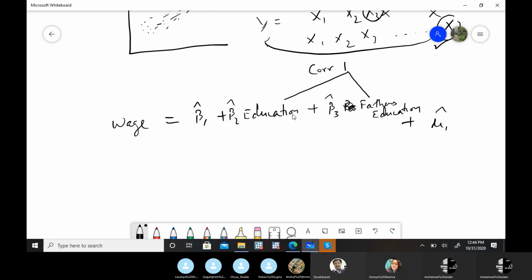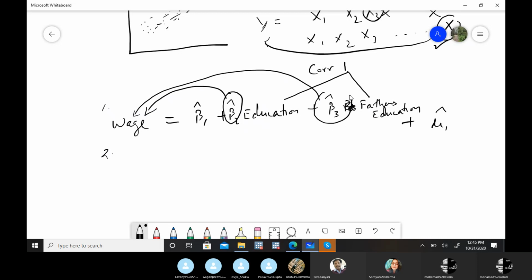And the problem is that the whole idea of including the other independent variable in the model is that we want to find, with a change in education of 1 year, how much is the change in wages. That's the first purpose we have. That's why we include this education variable. The second variable you also included because you want to find how much is the change in wages with the change in father's education.